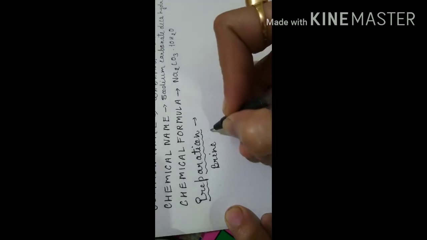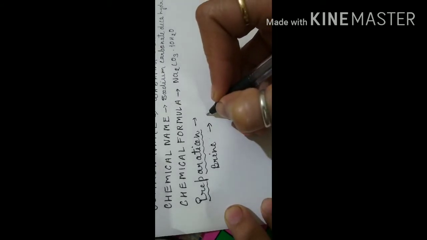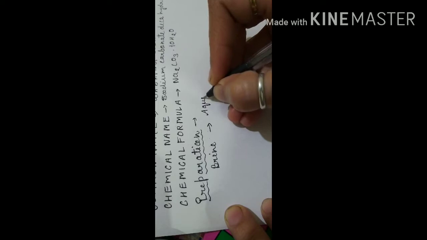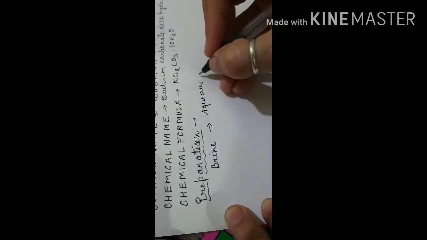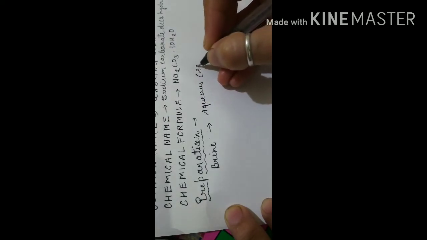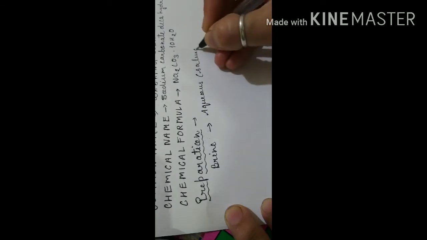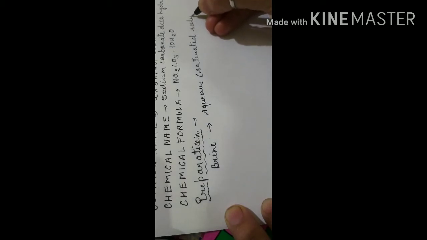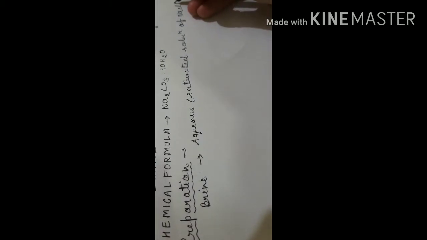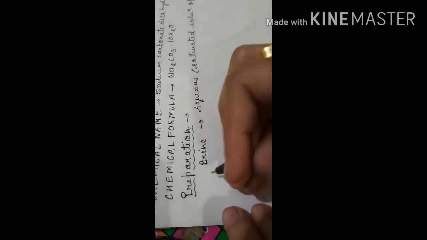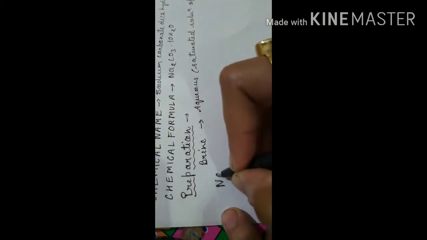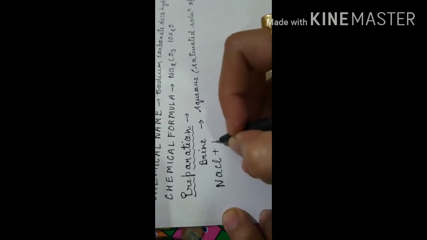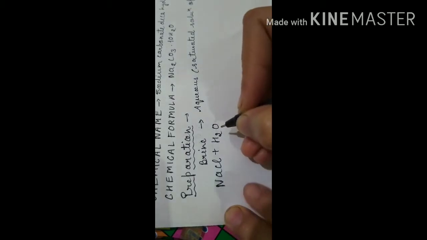Brine is the aqueous solution, or simply a saturated solution, of NaCl, sodium chloride. So here you write NaCl plus water, and now it becomes brine.